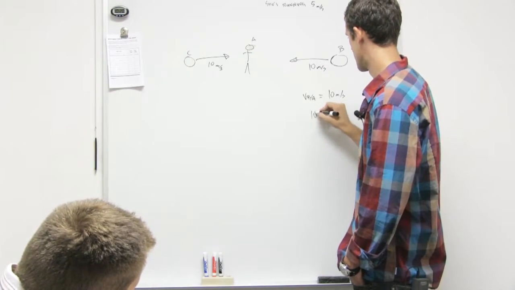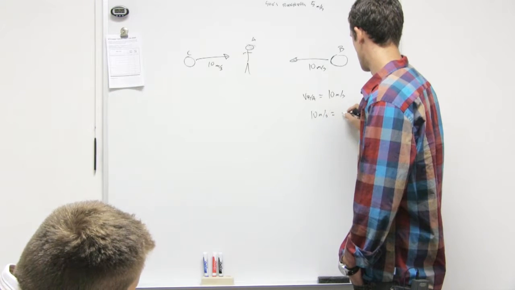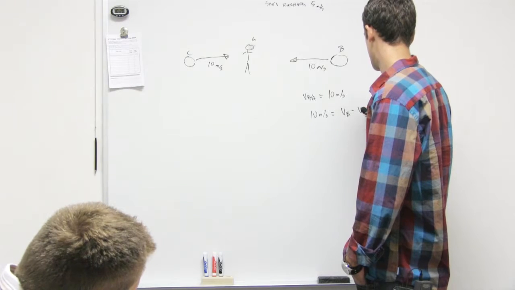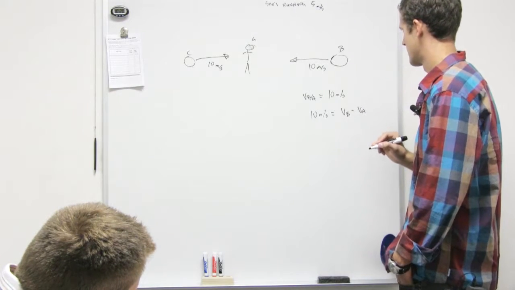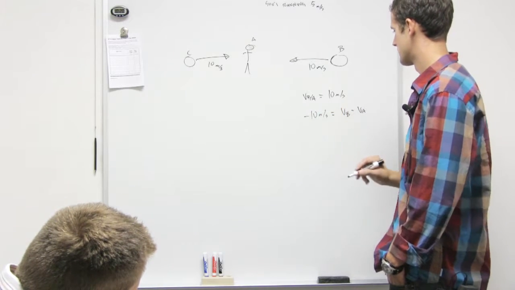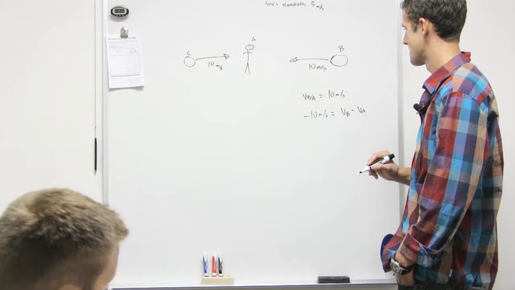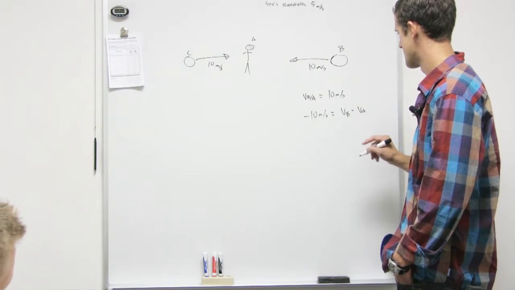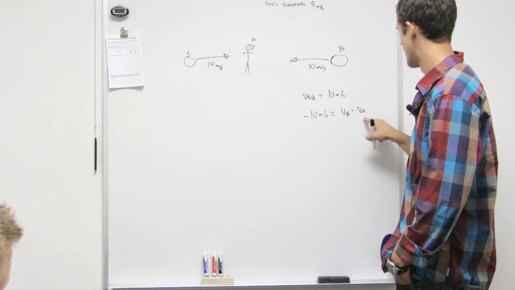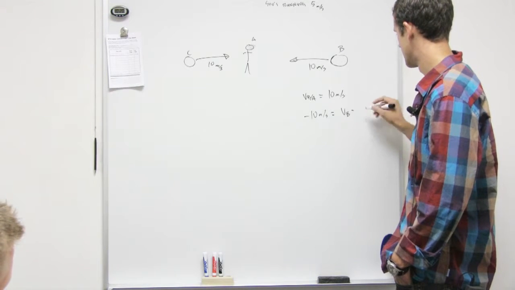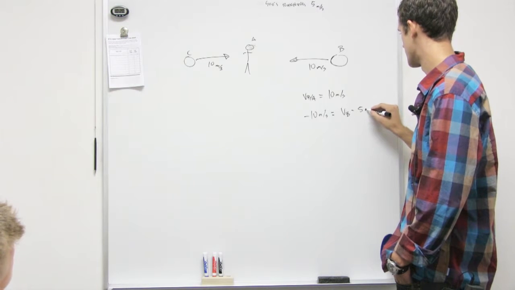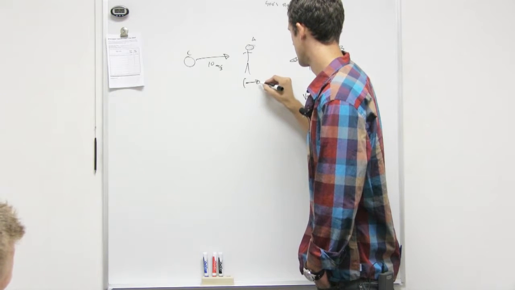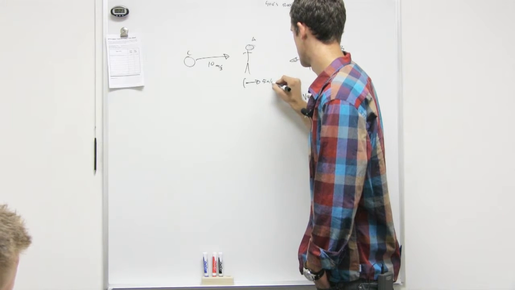So then you say 10 meters per second equals the velocity of B minus velocity of A. Oh, negative 10. Oh, so that's going to be like negative 15, I mean, just 5, right? Yeah, so this one would be negative 5 meters per second, because she's moving at 5 meters per second.